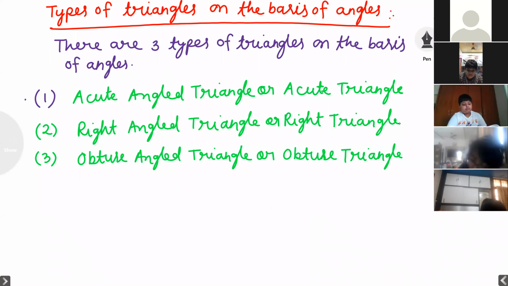Note down very clearly, everyone. There are three types of triangles on the basis of angles. First one is acute angled triangle or acute triangle, right angled triangle or right triangle, obtuse angled triangle or obtuse triangle. Write spelling very clearly, students.